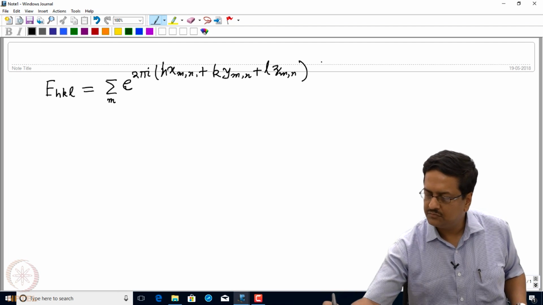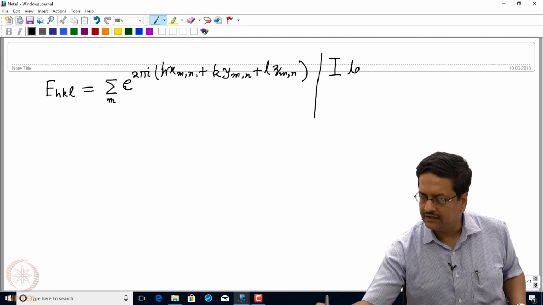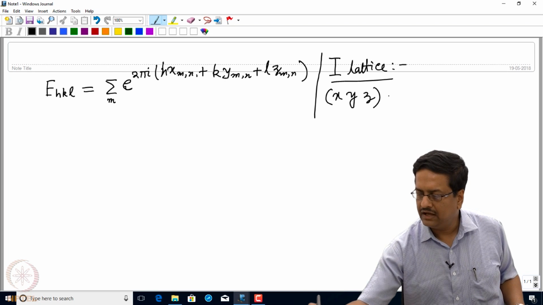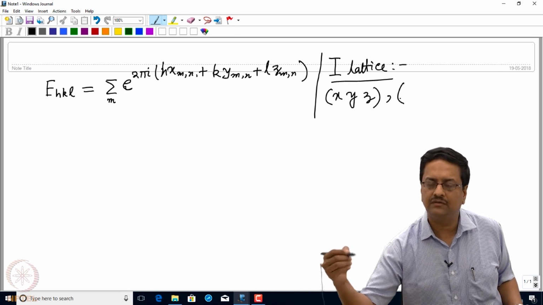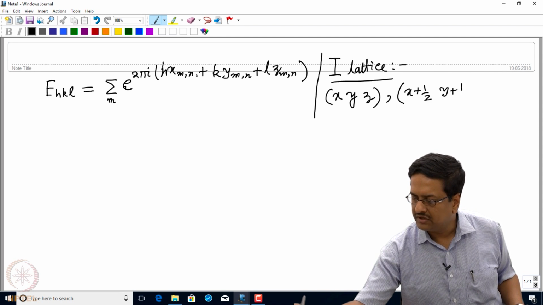So for example, in case of a body centered lattice, I lattice, we have atoms at x, y, z that is associated with the corners, and the atom present at the center of the unit cell, which is x plus half, y plus half, z plus half.